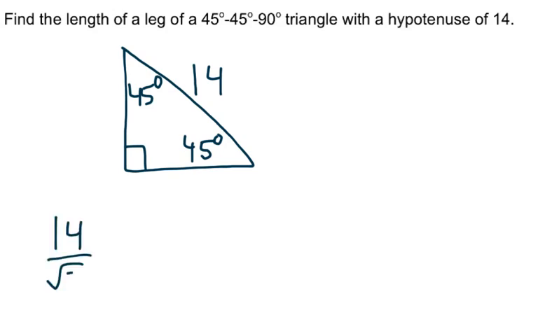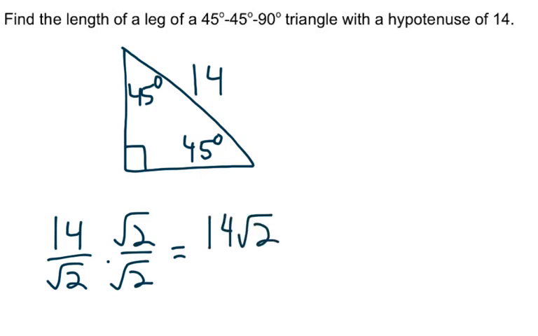We have our hypotenuse, we divide it by root 2. Can't have a root 2 down there. So we have to multiply by itself. Therefore, we have to multiply the top by that same value. So you have 14 times root 2 gives us 14 root 2. And as you multiply across, root 2 times root 2 is the square root of 4, which is 2.